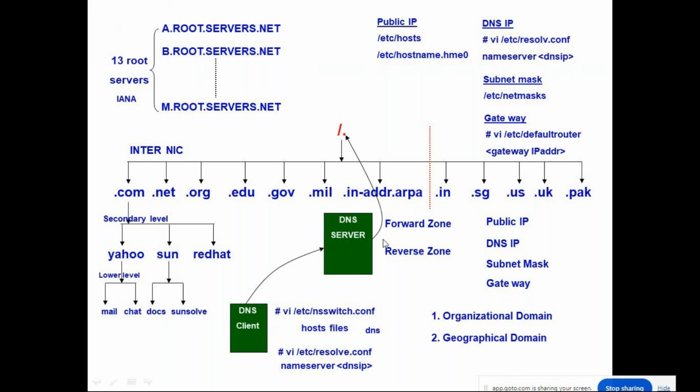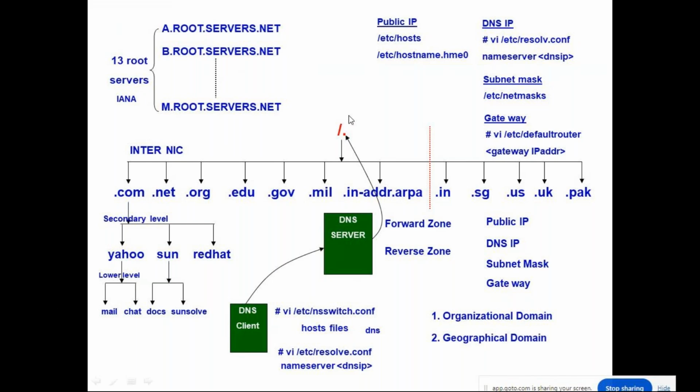I'm going to add only my company information, my company services. I don't have to bother about other servers' information. If any user queries anything other than my information, I'll directly forward it to the root server. The root servers maintain the whole internet information.